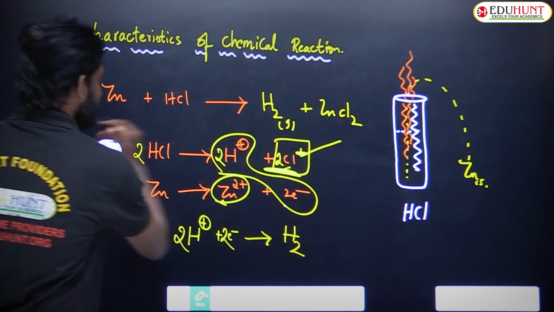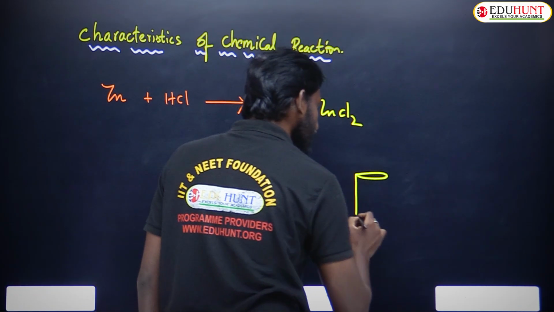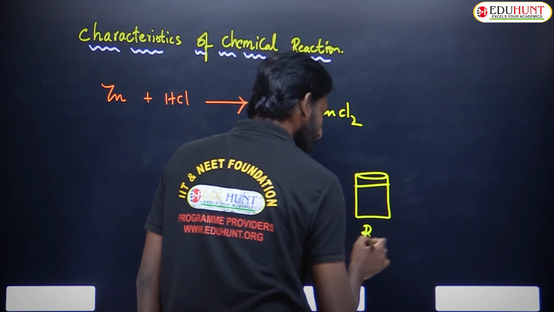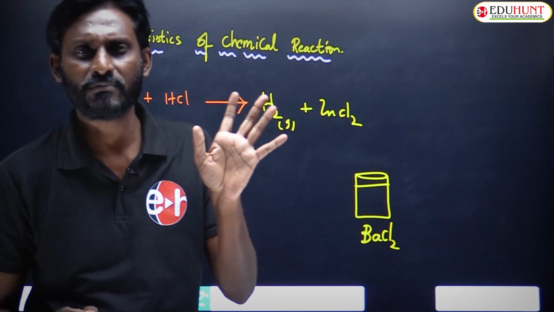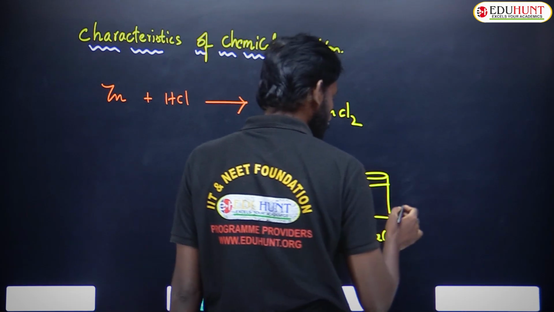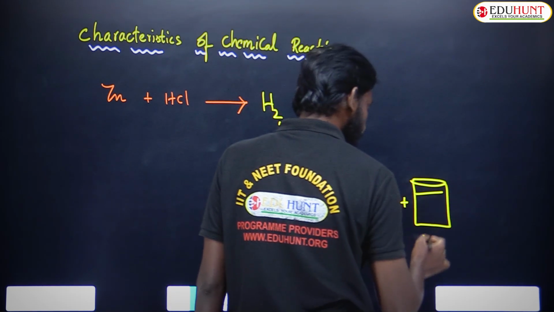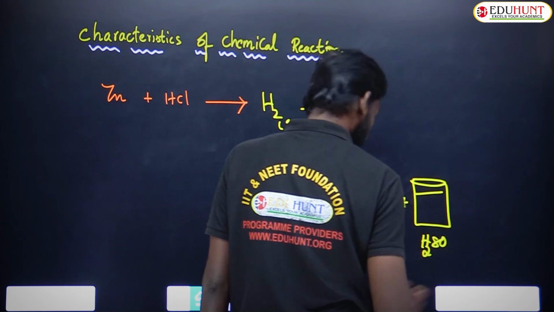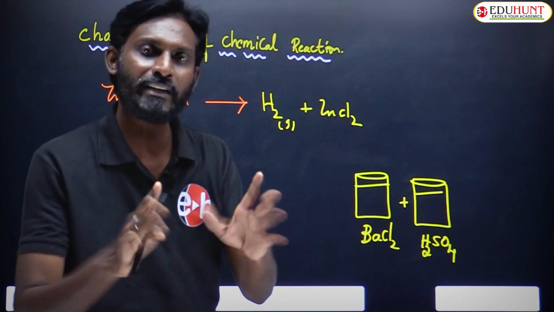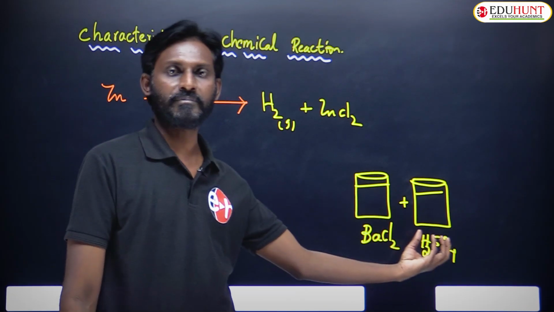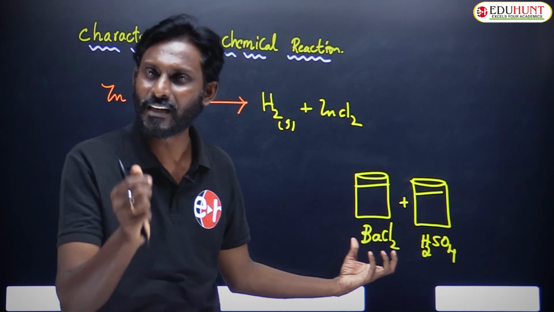Let me explain with an example. When you take a barium chloride solution, it is a white color aqueous solution, and treat that barium chloride with H2SO4, sulfuric acid solution. So two clear solutions, sulfuric acid liquid state solution, barium chloride white color solution.